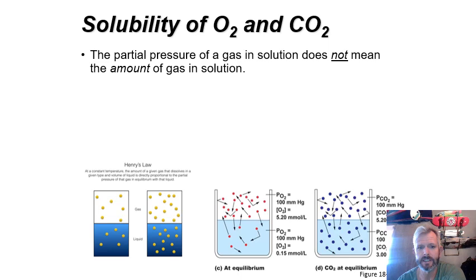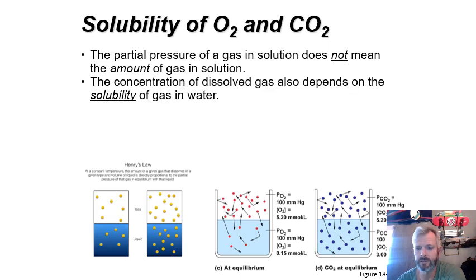Whereas here we can see the difference between our oxygen and PCO2 at 100. At the same partial pressure, you can see there is not as big a difference in the actual concentration of the gas, because CO2 is very soluble in water. This is going to come into play in how we transport these gases in the blood.